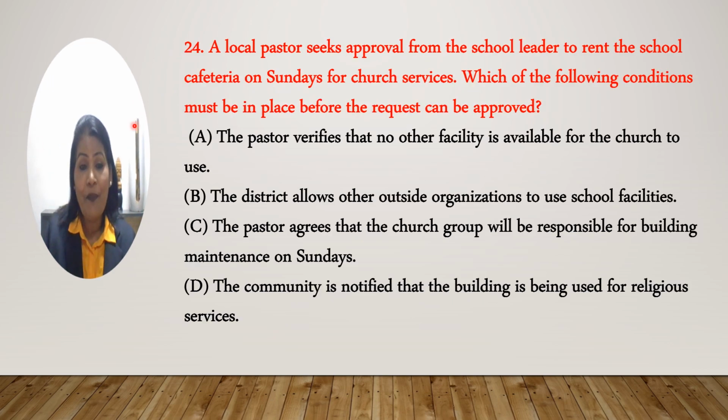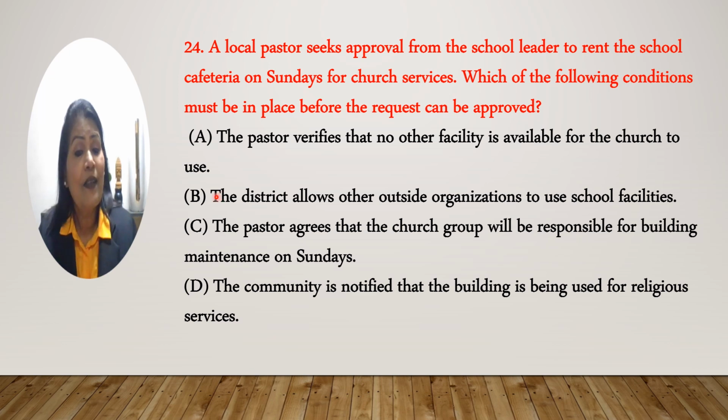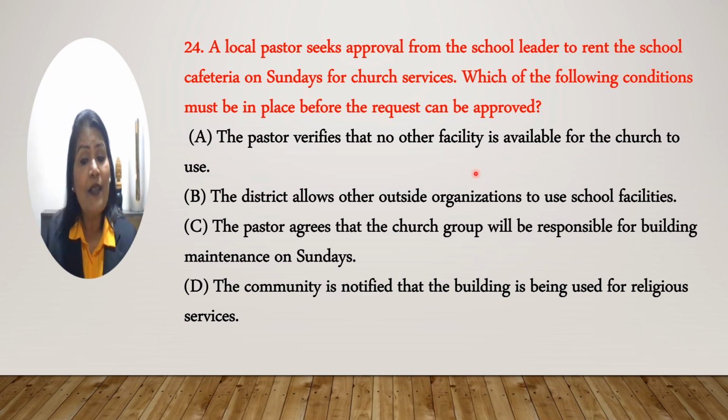Next question. A local pastor seeks approval from the school leader to rent the school cafeteria on Sundays for church services. Which of the following conditions must be in place before the request can be approved? A, the pastor verifies that no other facility is available for the church to use.